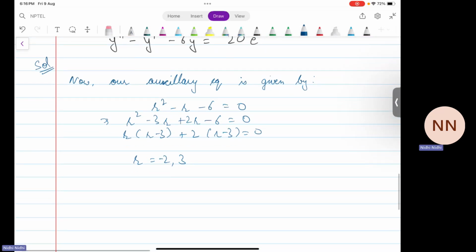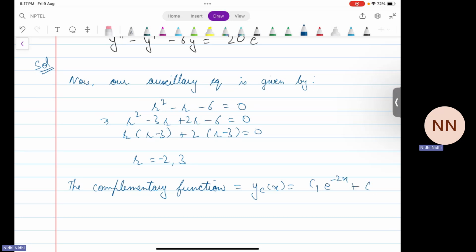So the solution of the homogeneous part, which we call the complementary function, we will denote as y_c(x) is equal to c1 e to the power minus 2x plus c2 e to the power 3x.